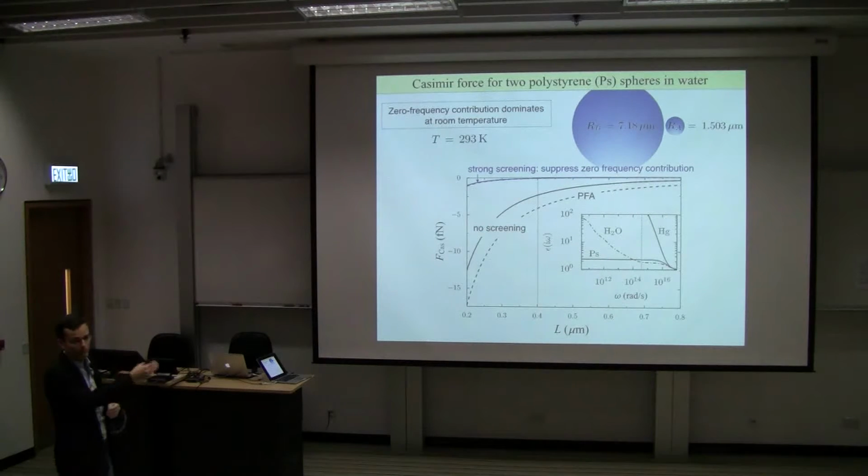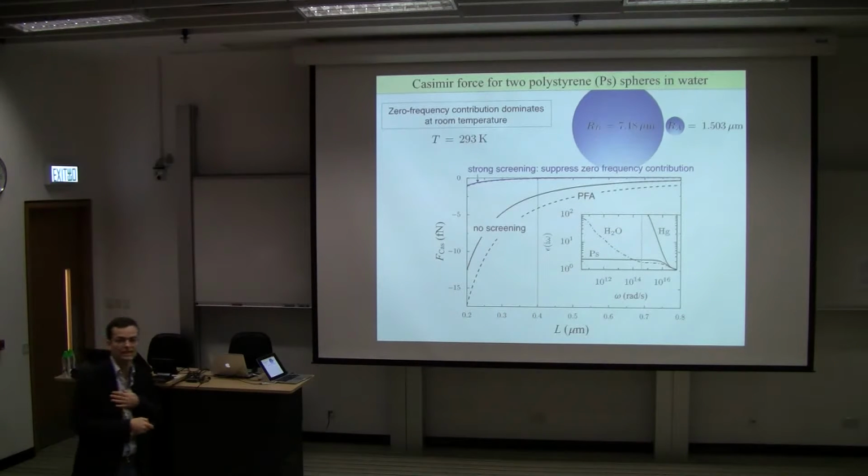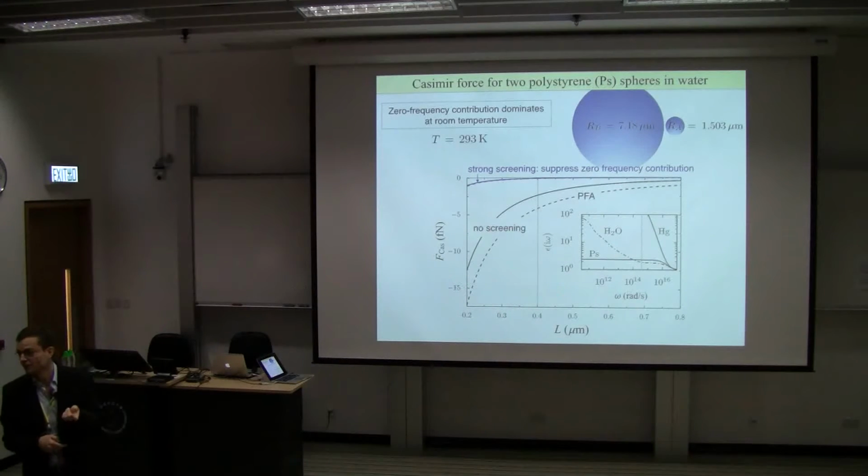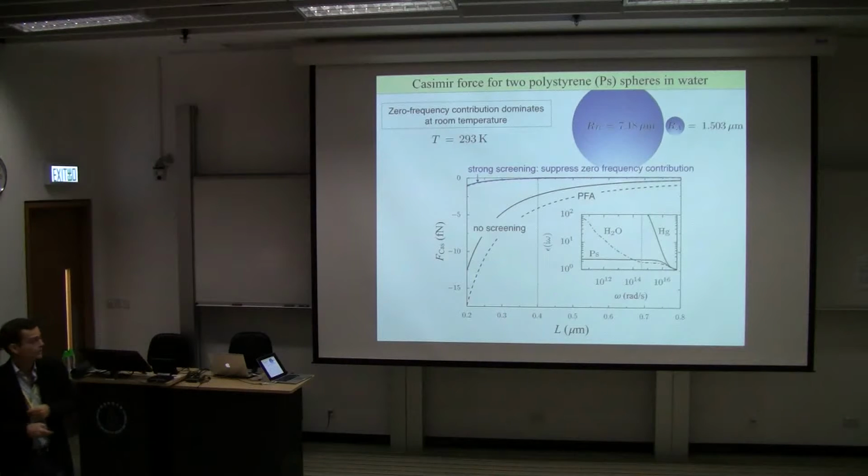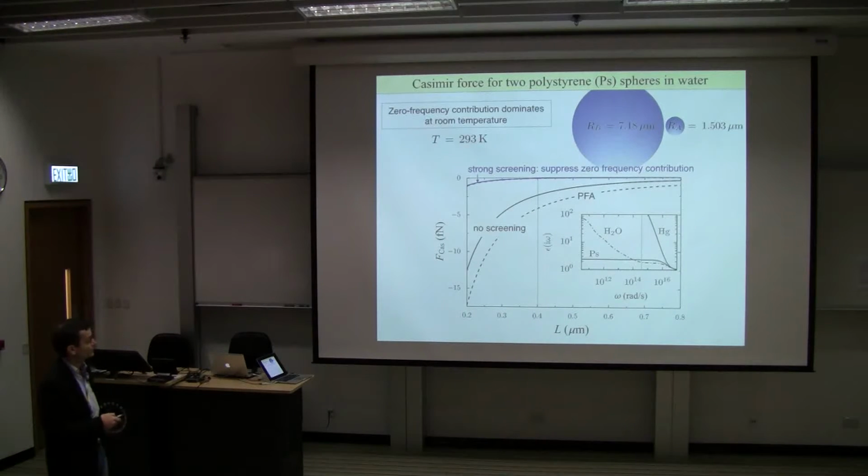And if I have strong screening, which is the opposite limit, I just remove the zero frequency contribution because these ions are not going to be able to screen finite Matsubara frequencies, only the zero frequency. So I would have this blue line. You see that there could be a huge difference. So the real case would be in between these two curves.